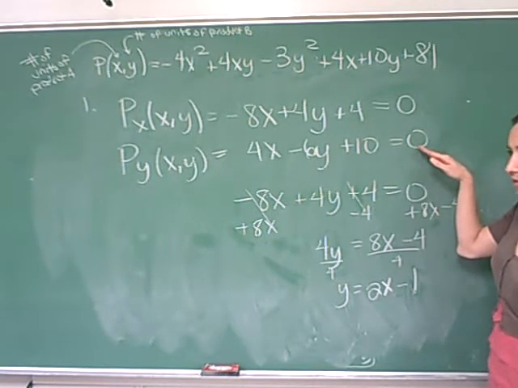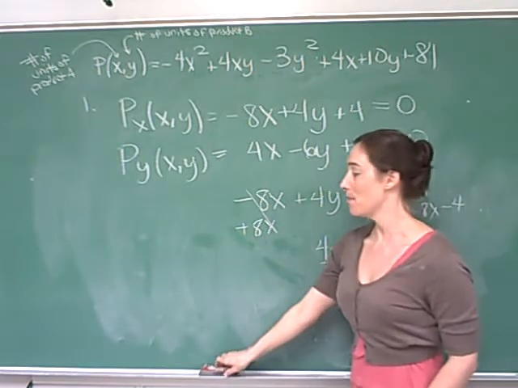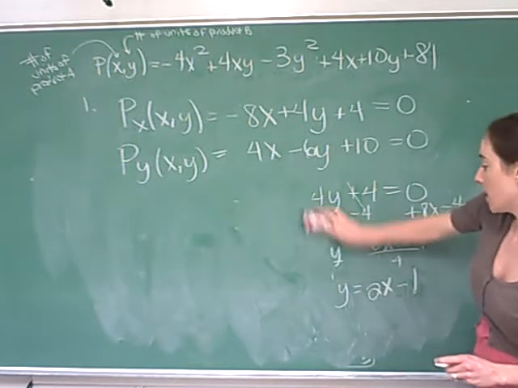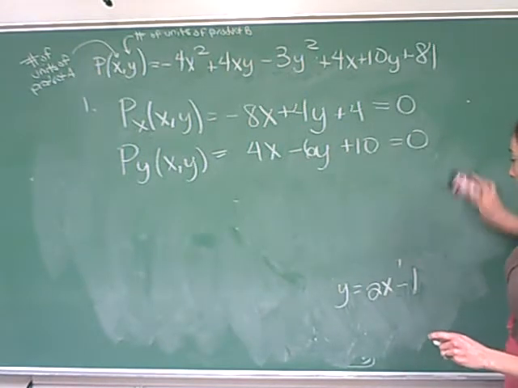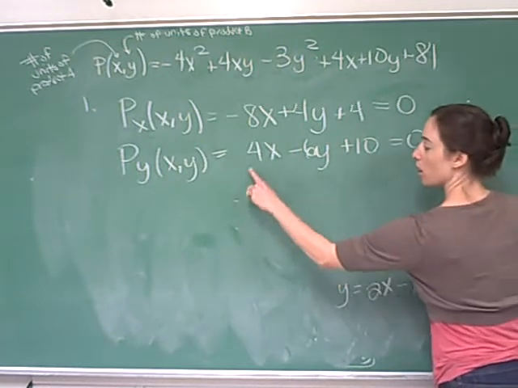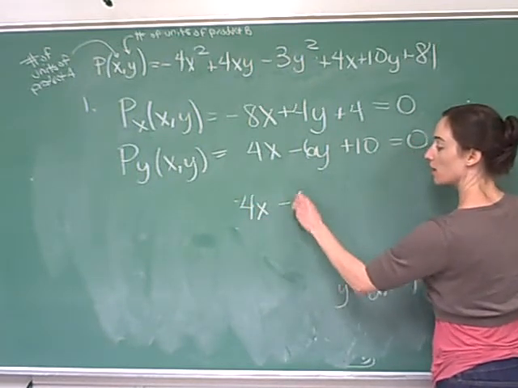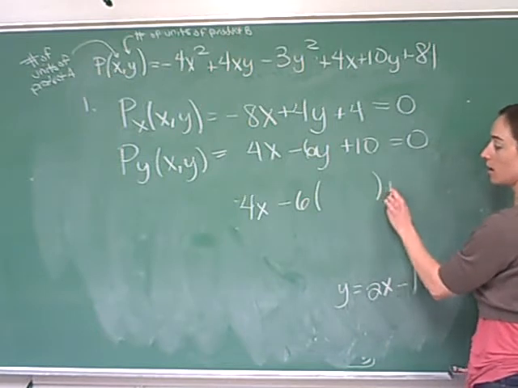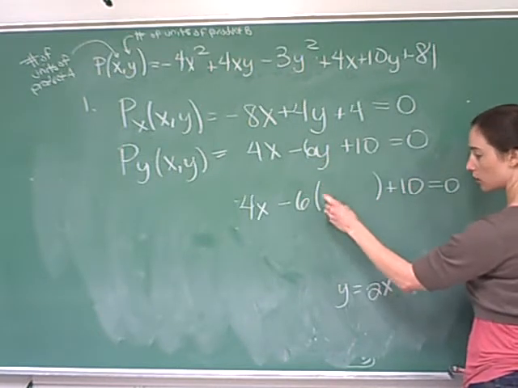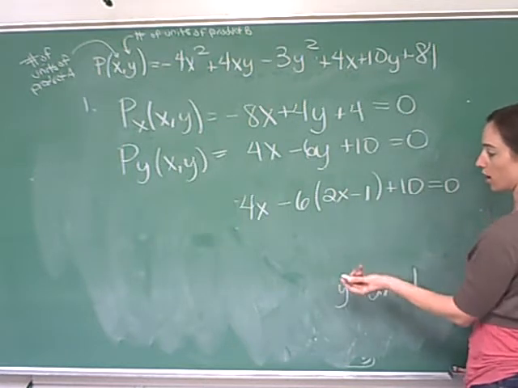So I'm going to have to do some erasing. But if you need to, you can just rewind to see any of this old work. I'm going to erase this. And this y equals 2x minus 1, I'm going to substitute. So I have 4x minus 6y plus 10 equals 0. The y is being replaced with a 2x minus 1.